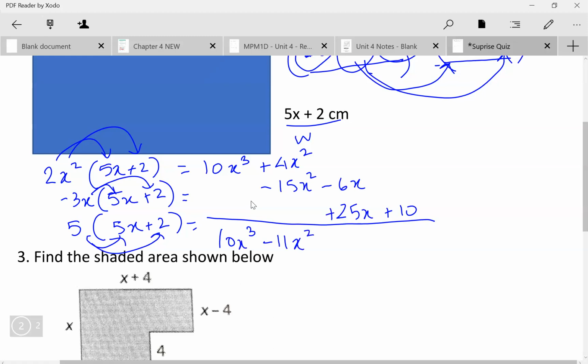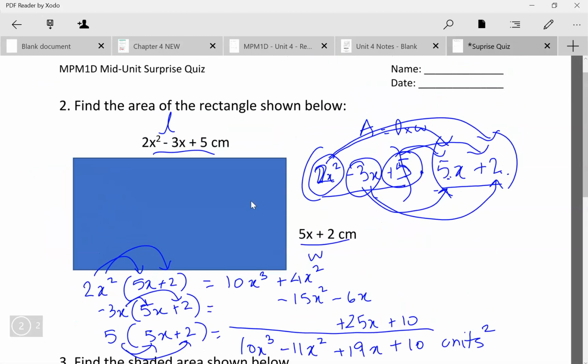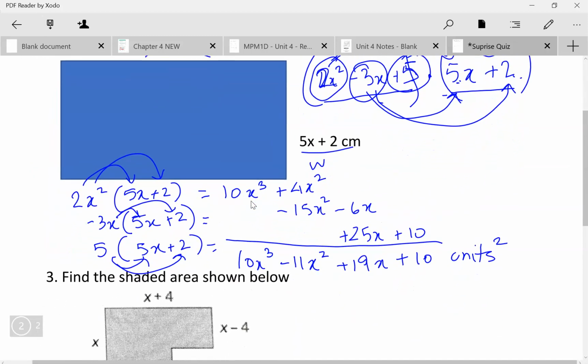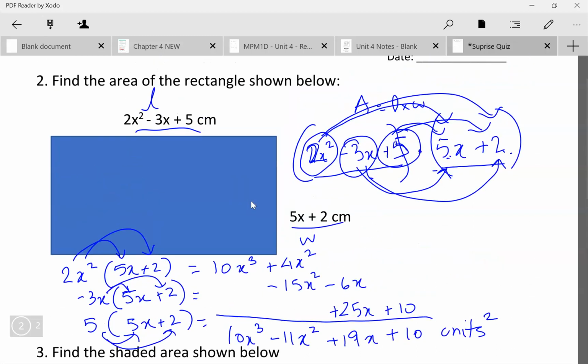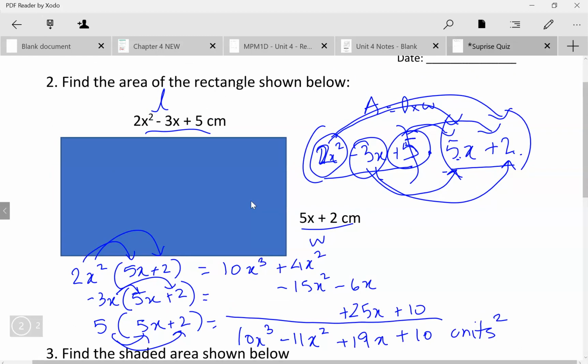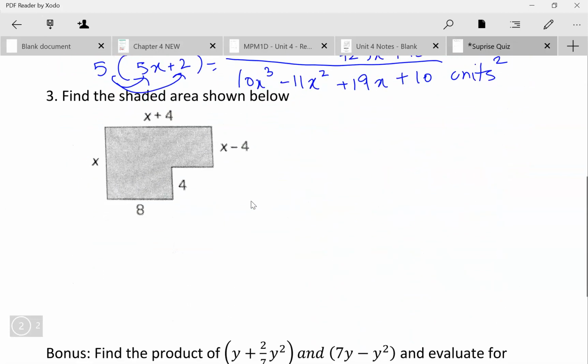What is 25 minus 6? Positive 19x plus 10 units squared. And this here is my simplified expression for area of this rectangle, and that's how you do this question. That basically is how you do multiplication over brackets. So hopefully that was good.